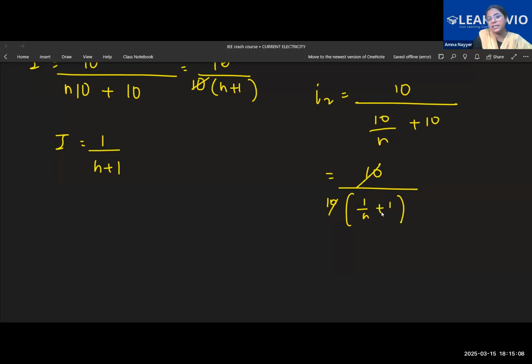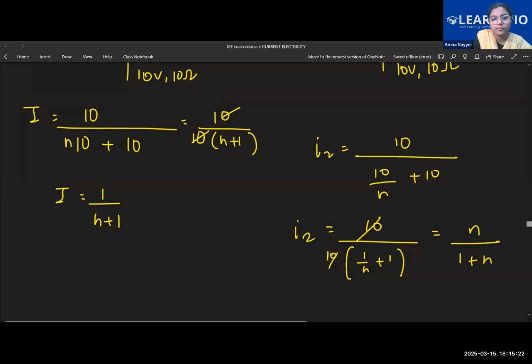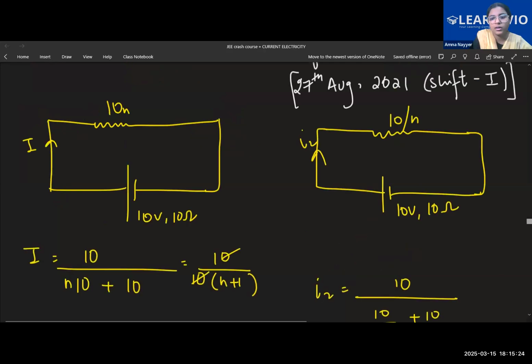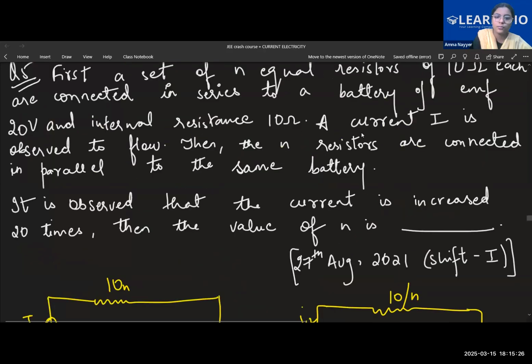This denominator becomes N, so N goes up and we'll be left with 2N by 1 plus N. This also cannot be solved further. Now you tell what should we do. I1 cannot be solved further. I2 cannot be solved further. Now, how will we get the value of n?